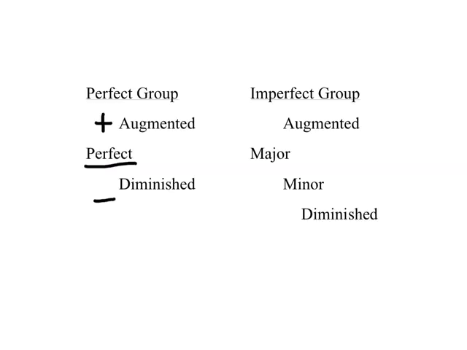In the imperfect group, the augmented's a half step wider than major, but it's the minor that's a half step narrower, and the diminished that's 2 half steps narrower than the major interval. Let's go back to the other example.